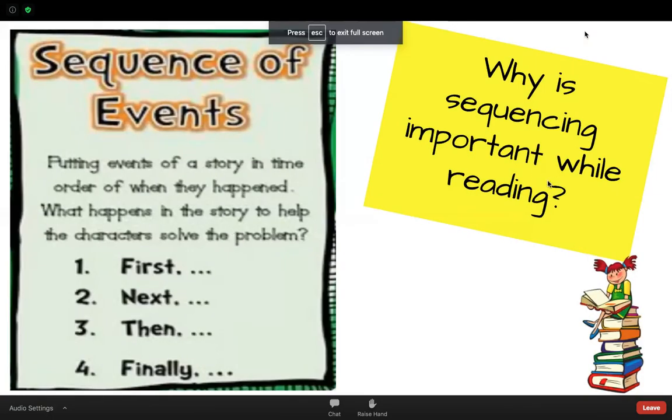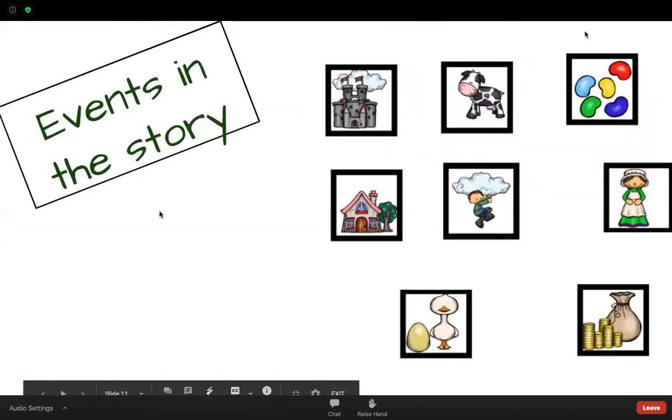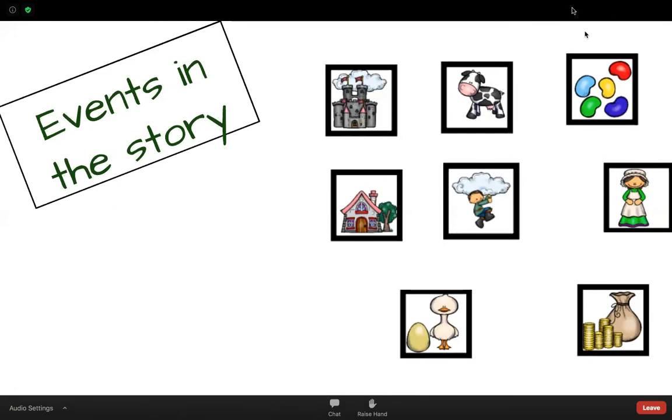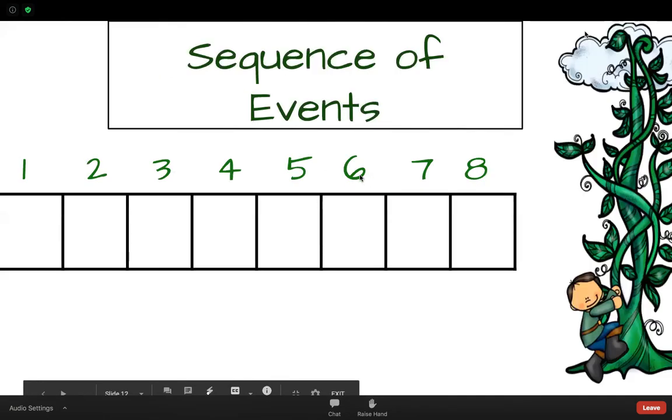All right, so we know that sequencing is important because it helps us to understand the story. So let's see. All right, here are a lot of the different events in this story. Let's take a look. Okay, now this is not in the right order. I'm just showing you different picture clues because we are going to put these in order here, in this sequence or order of events.